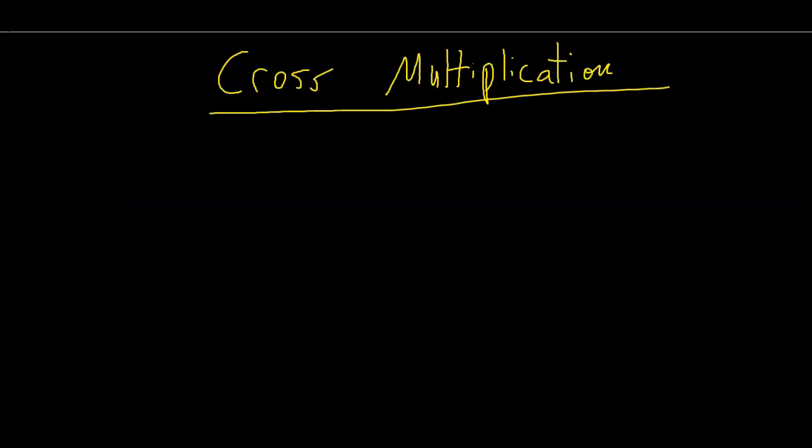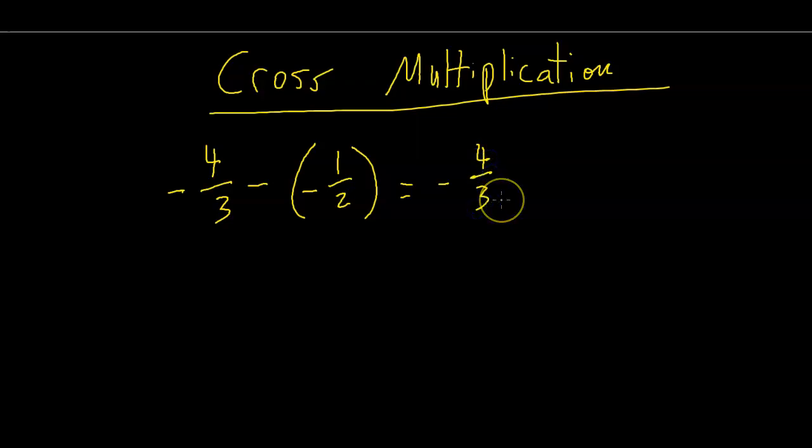Let's take a look at, what if we had negative 4 over 3, let's say minus negative 1/2, just to throw in some more examples with negatives. So negative 4 over 3, that just stays negative 4 over 3, right? Now let's remember our properties of negative numbers. Subtracting a negative number is exactly like adding a positive number, right?